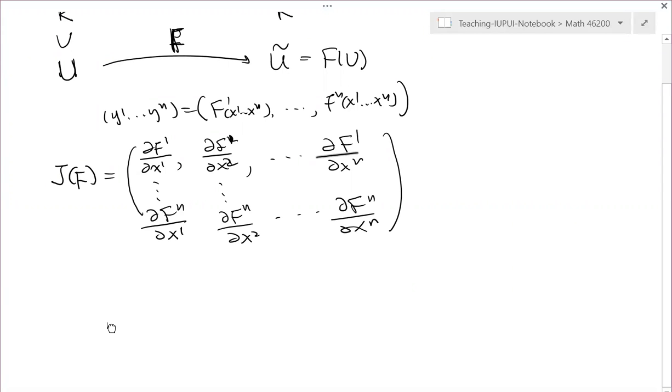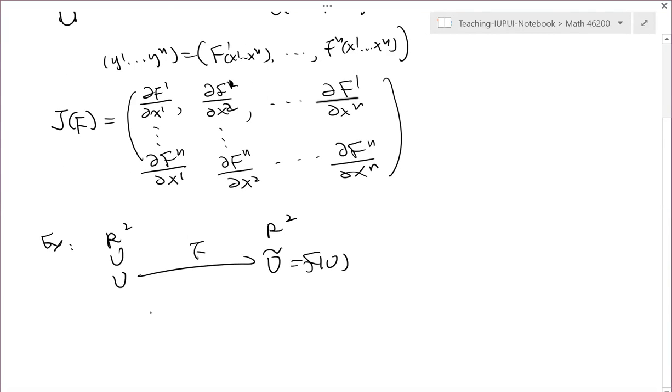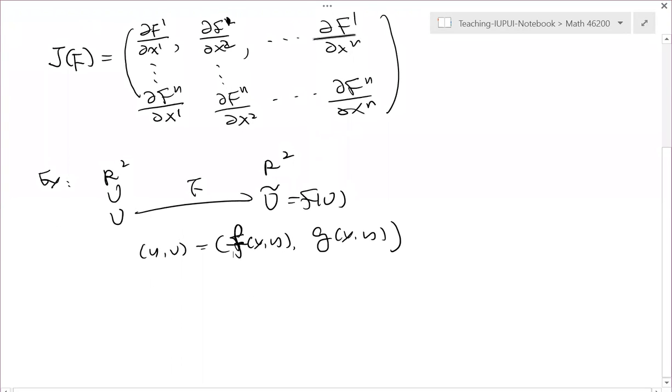Now, for example, if it's R2, I have a map from R2 to R2. In this case my function, I can use (u, v) for the image, and here's f(x, y). I don't need to write x1, x2. So this could be little f, and could be g(x, y). You don't need to label them.